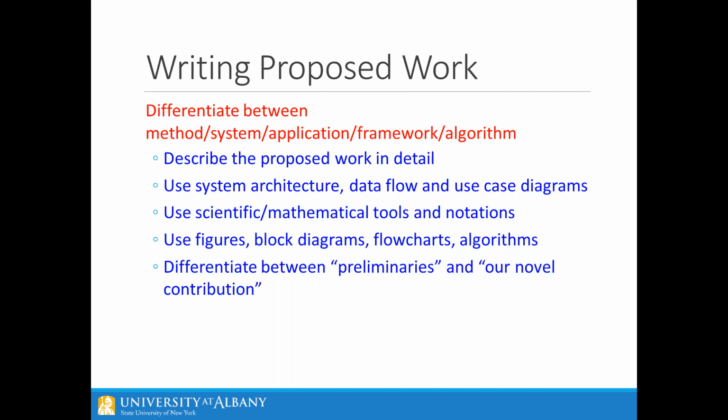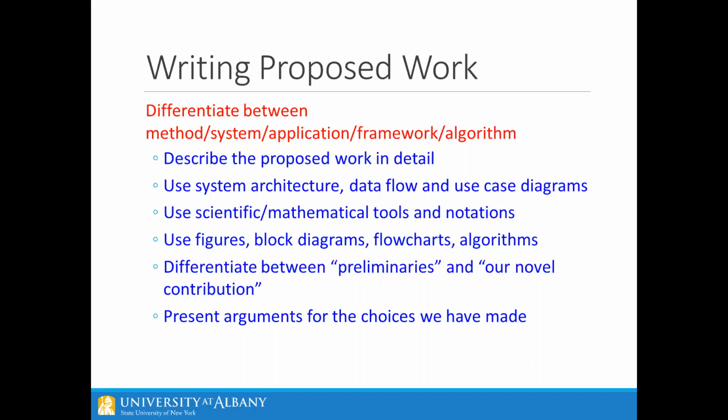That means this is required for our work, but it is not our novel contribution. Okay, these are the existing works or existing methods or existing tools which we are using for our work, but that's not our novel contribution. So we have to make it clear what is new and what is preliminaries.